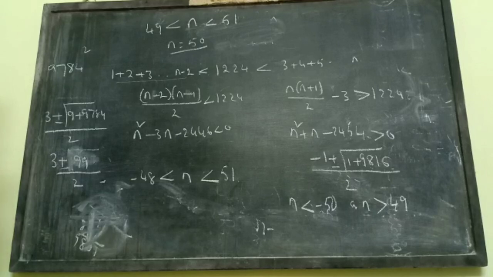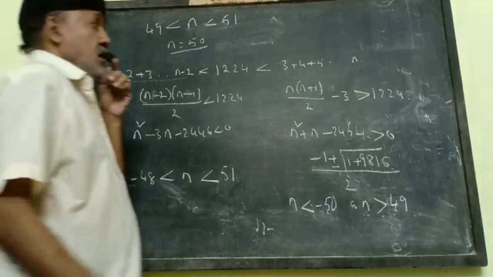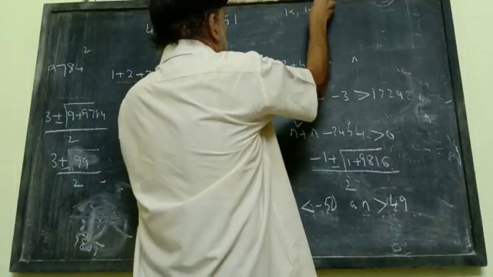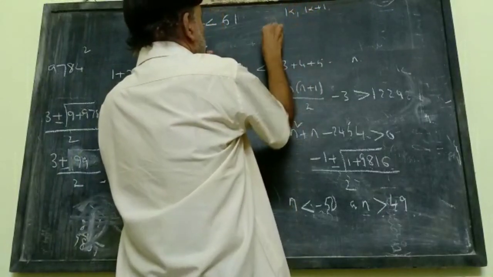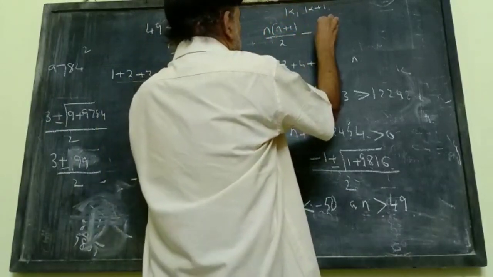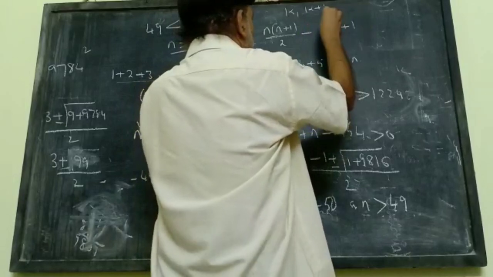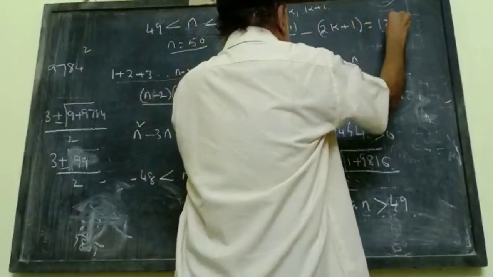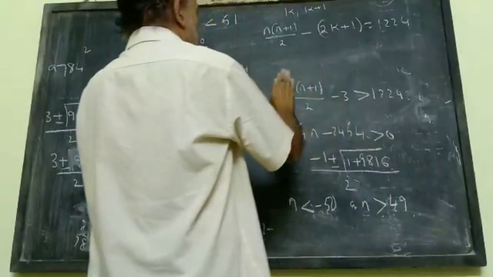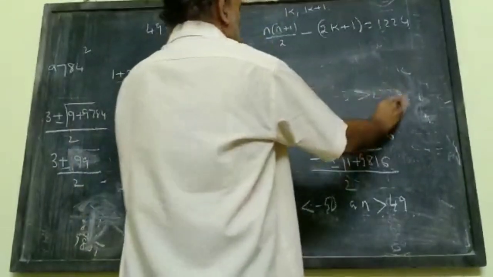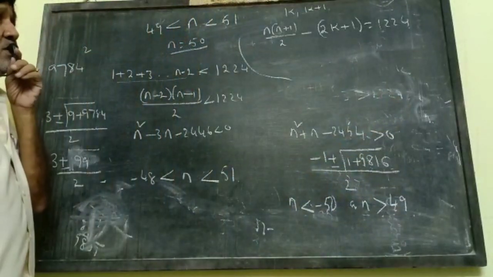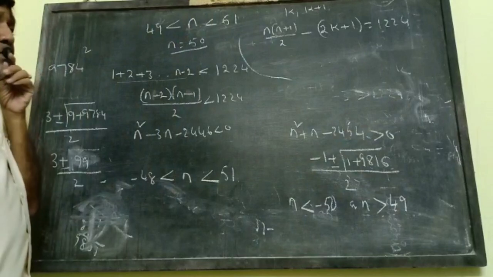Okay. After getting n equal to 50, the removed numbers are k, k plus 1. So n into n plus 1 by 2 minus (2k plus 1) is equal to 1224. Understood?